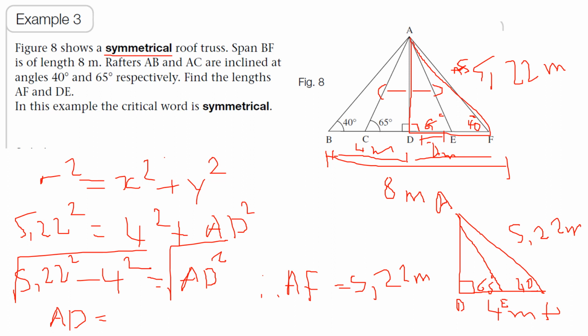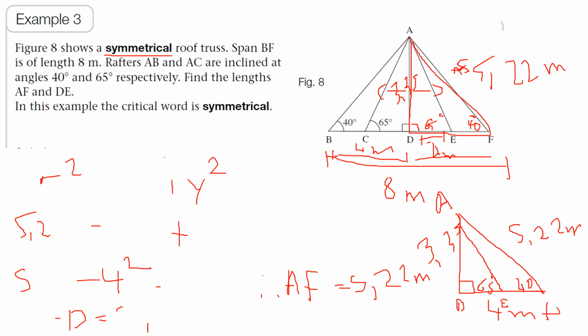So the value of AD is the square root of 5.22 squared minus 4 squared, which is 3.35 meters. So this side, AD, is 3.35.